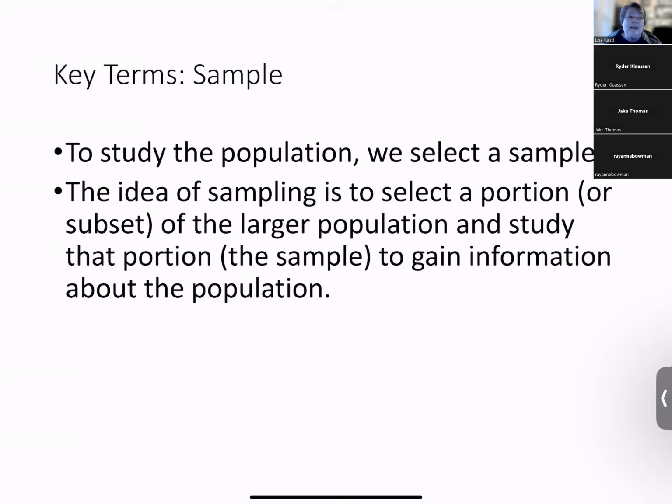It couldn't happen. The election would be way over before you surveyed all of them. So they pick a representative sample of the voters who are likely to vote to get an idea of who's going to vote for who. So samples are representative portions of the population.